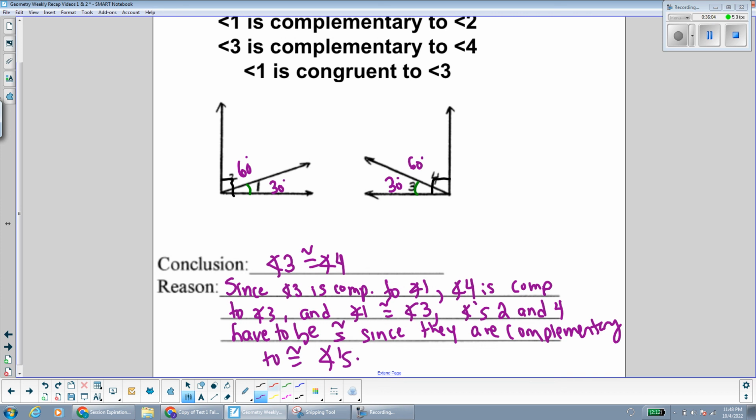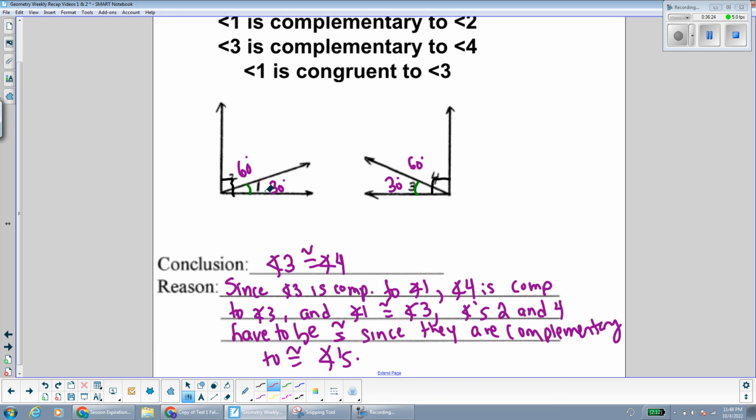Let's review one more time what that means. These add to 90. These add to 90. These are congruent. So whatever this is, this needs to be also, because these are complementary to the same angle.